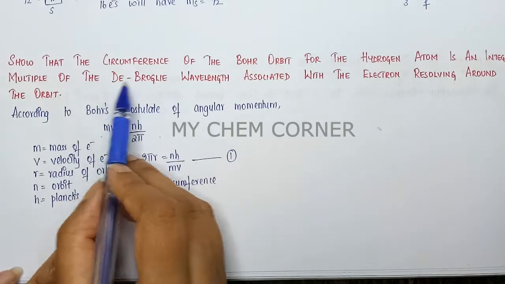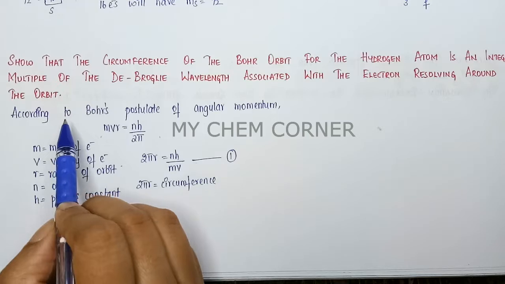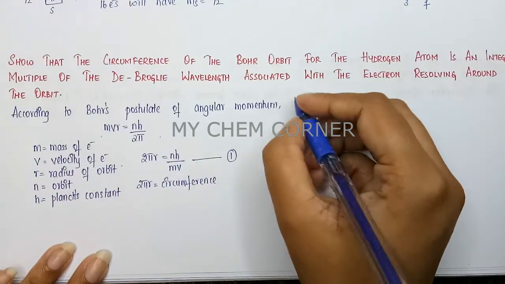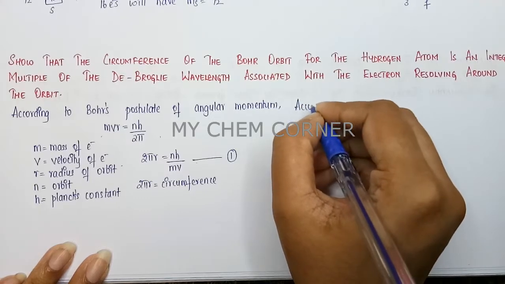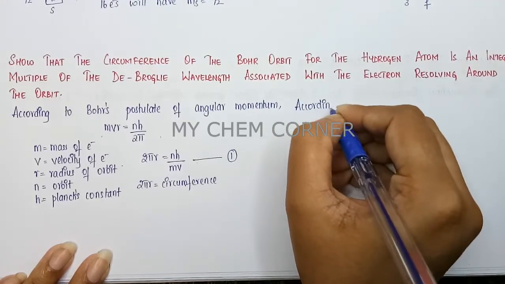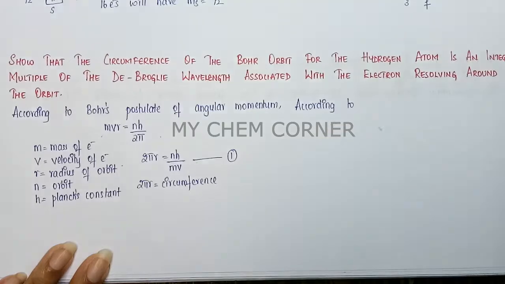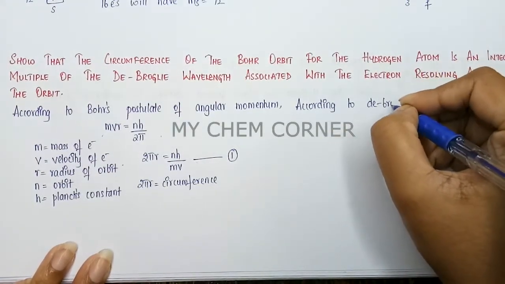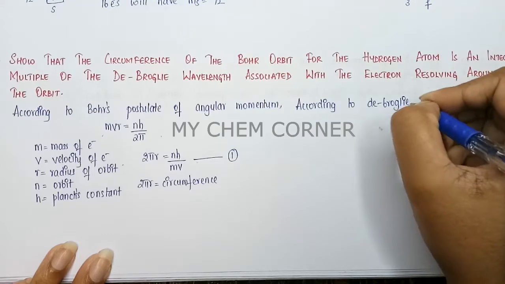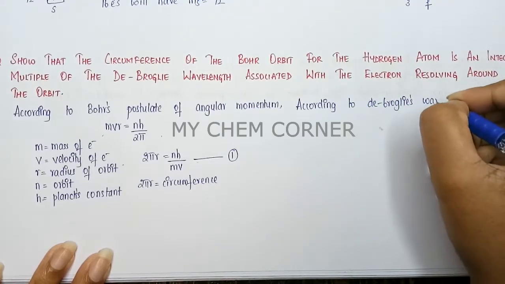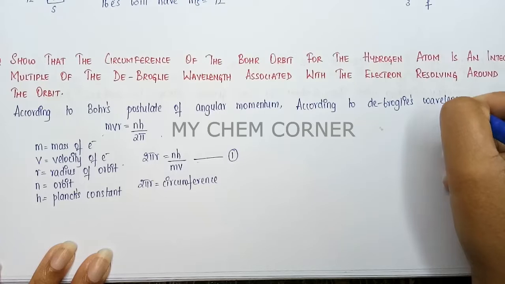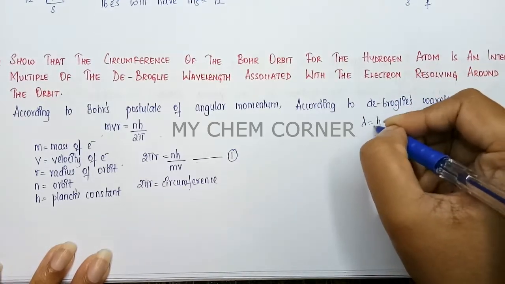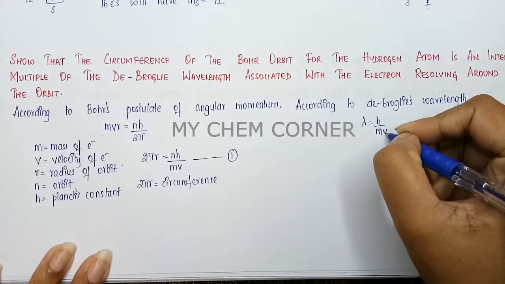Then the next question asked in this is de Broglie's wavelength. So here when I write for de Broglie's wavelength, I can write that according to de Broglie's wavelength, lambda is equal to h by mv.